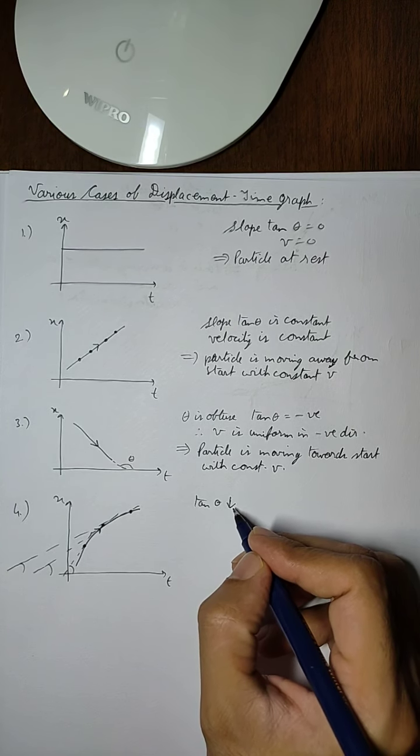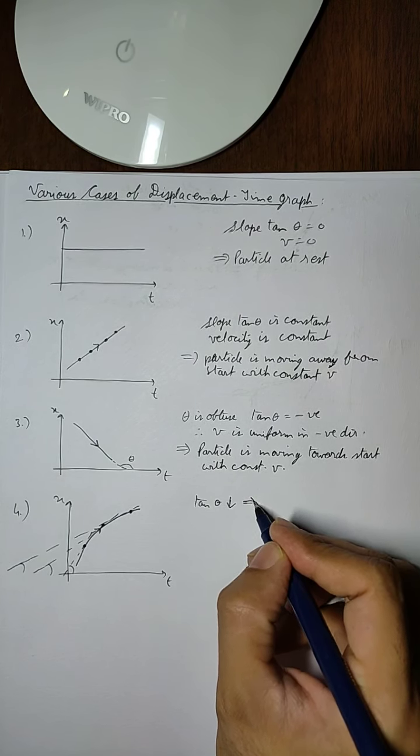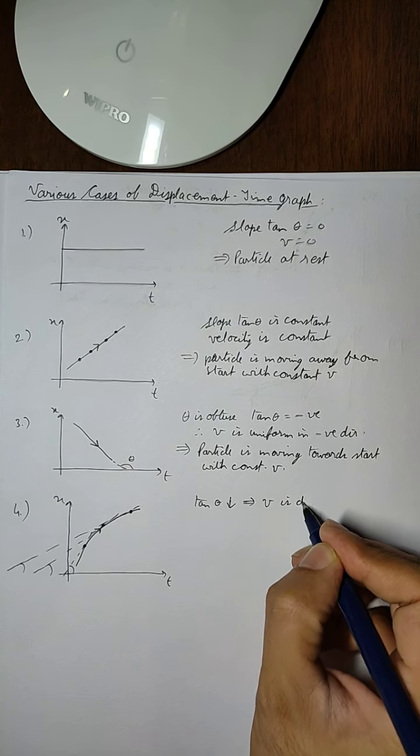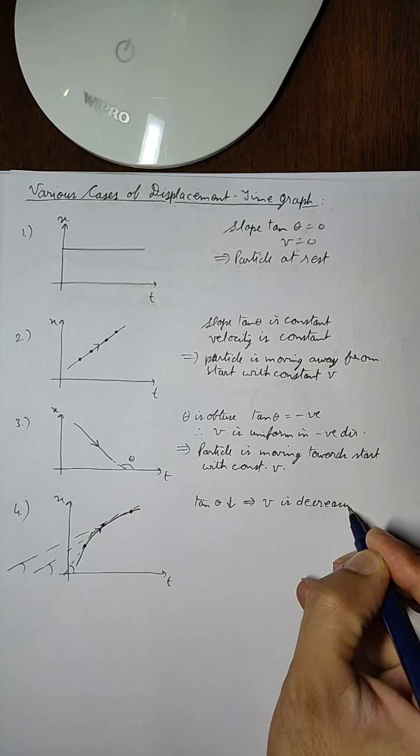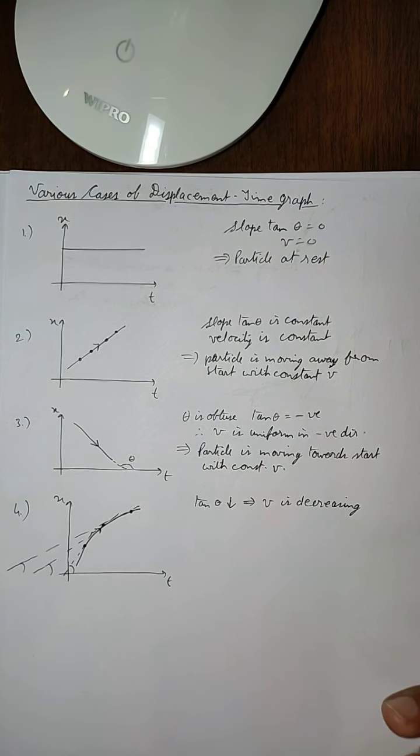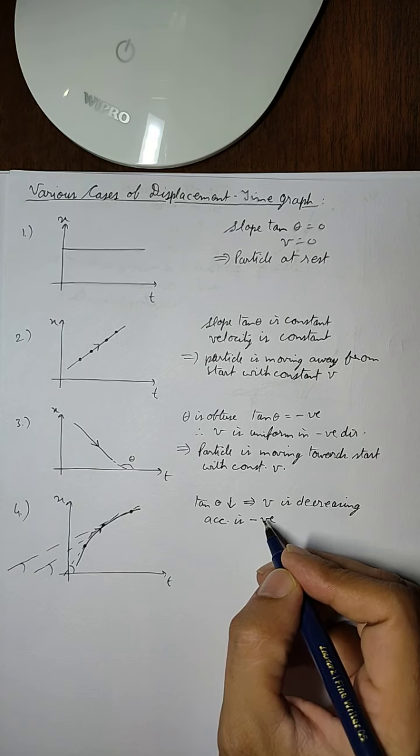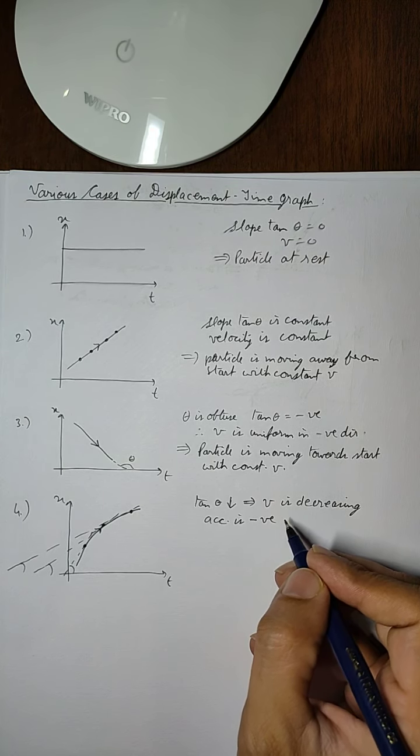As tan theta is decreasing, this would imply that the velocity is decreasing. Now when does the velocity decrease? It decreases when there is a retardation, when acceleration is negative. So velocity is decreasing because there is an acceleration in negative direction, or we can say there is a retardation.